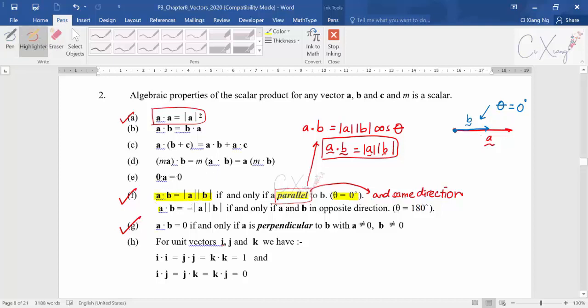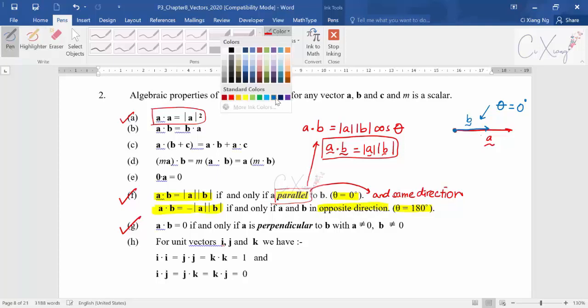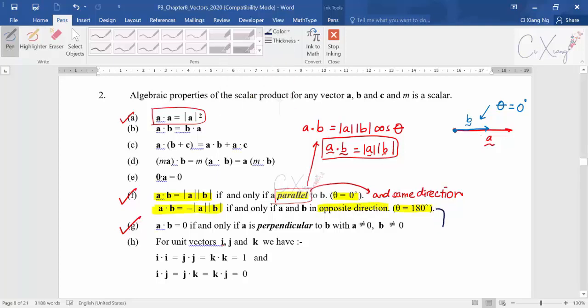Okay, so the second one will be A dot B equals negative modulus A modulus B if and only if B is in the opposite direction, which means that theta equals 180. So again, what does this mean? It means that you have a vector A and then you have a vector B, but in a different direction. So for this case, generally theta equals 180.